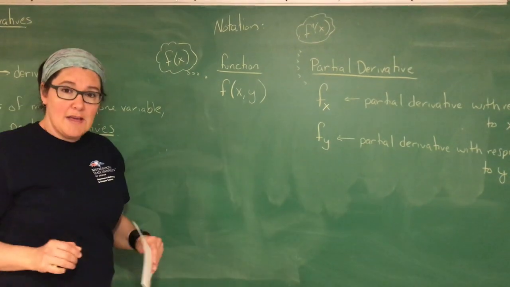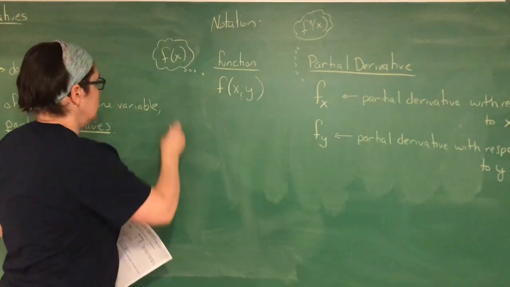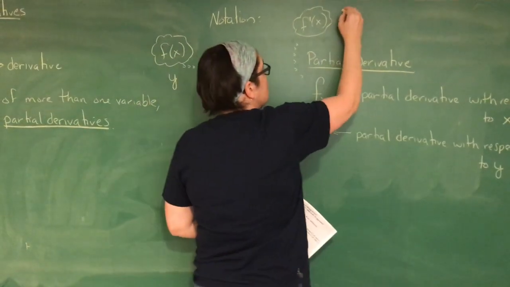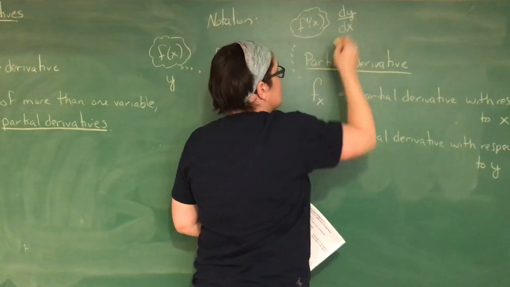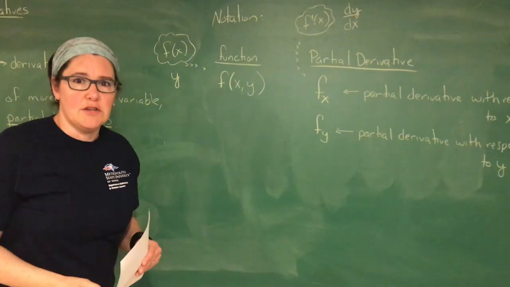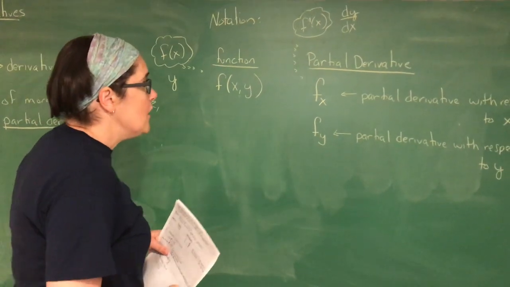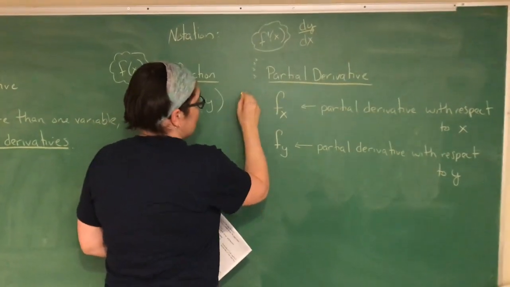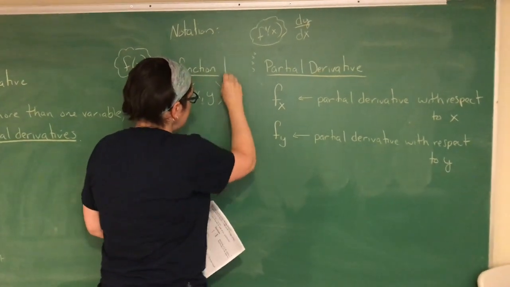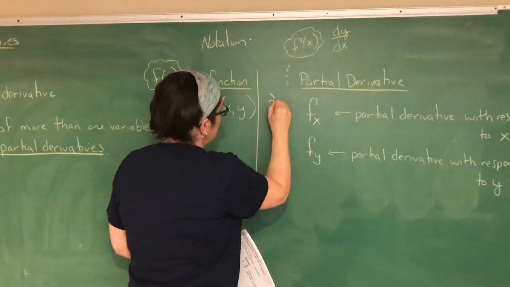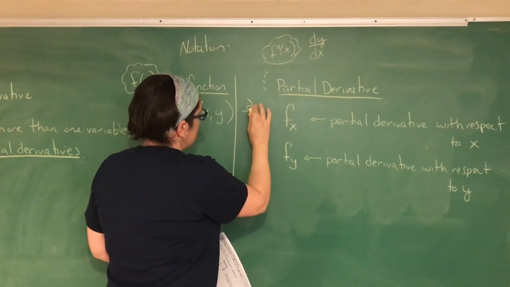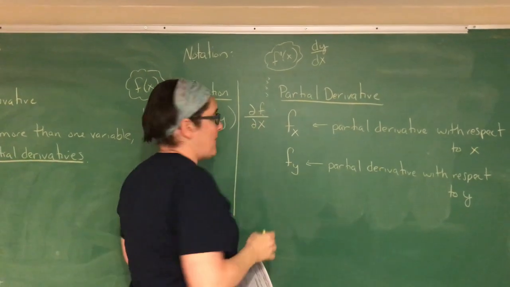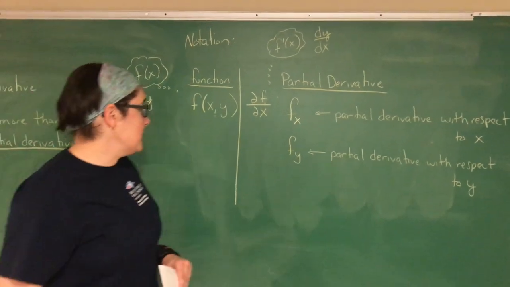Now, like we had with one variable functions, sometimes we named the function y, and then our derivative would be dy over dx. That was the Leibniz notation that we sometimes used. We have something similar for partial derivatives, and I'm going to write it down and then we'll talk about what it means. This notation looks like a backwards 6 and then an f over a backwards 6 and then an x.